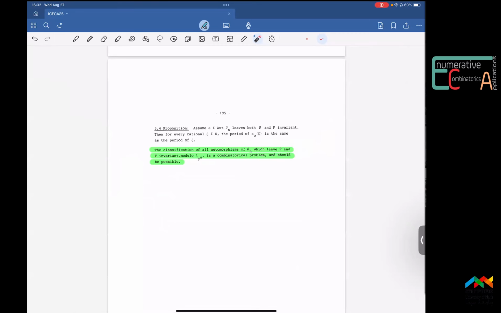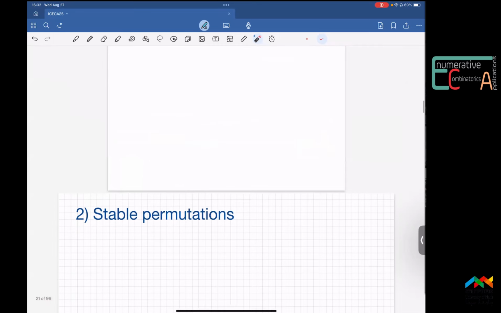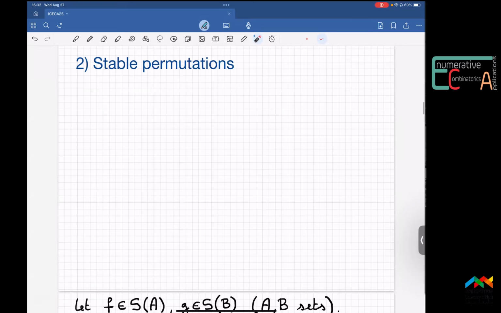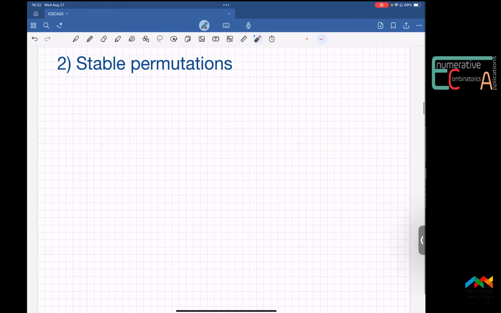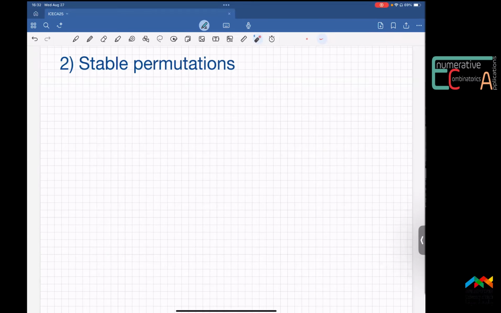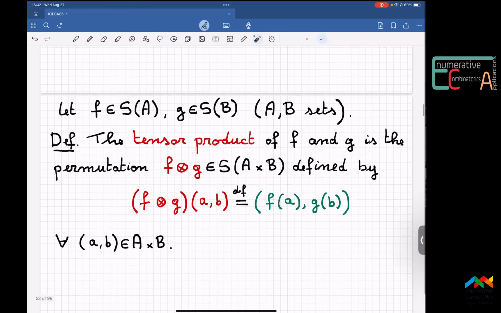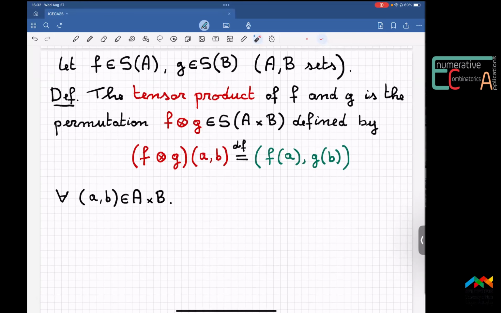Okay, so here I am now to then stable permutations. So we have two sets now, A and B. I have a permutation F of S of A, G of S of B, and I'll define the tensor product of F and G to be the permutation, which I'll denote F tensor G. It's a permutation of the Cartesian product of A and B. And it's defined simply in this way.